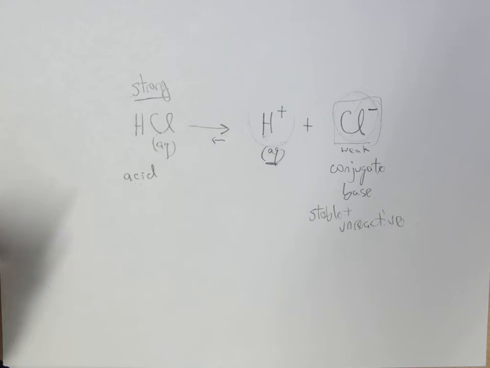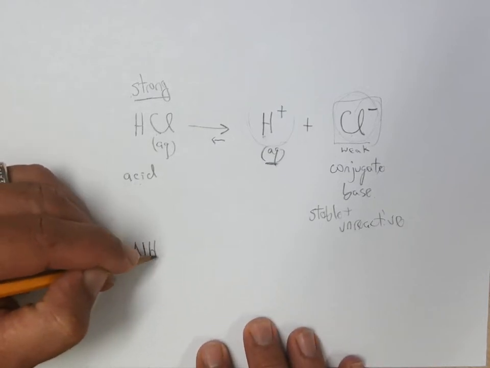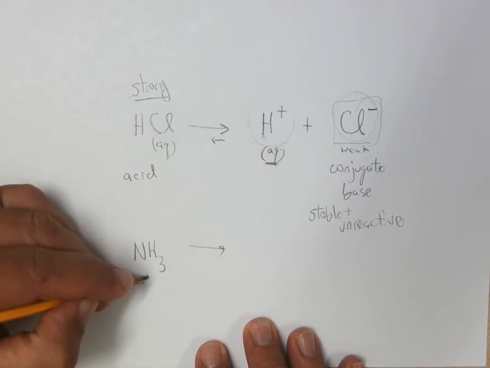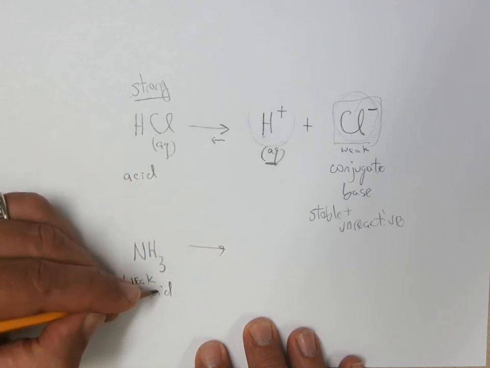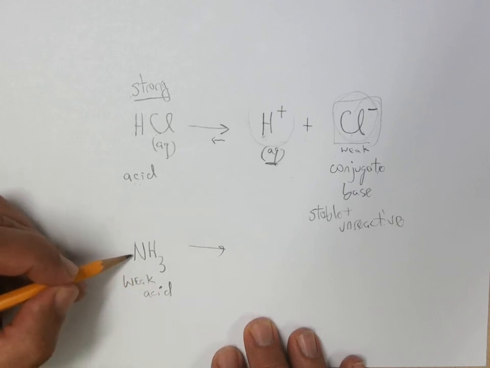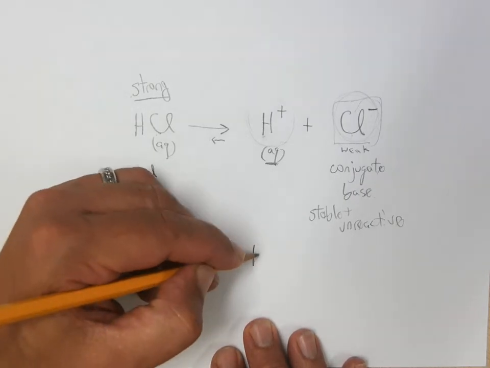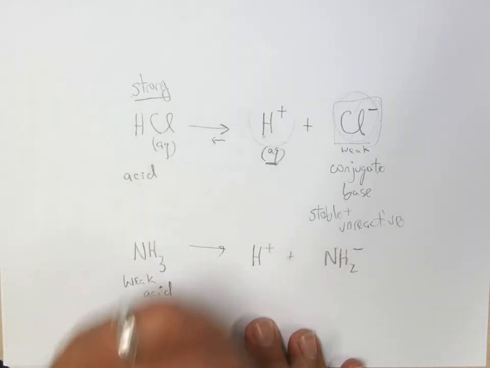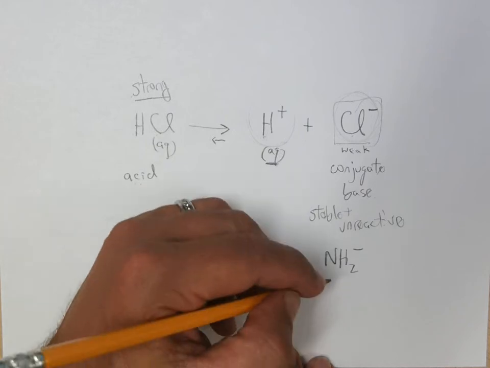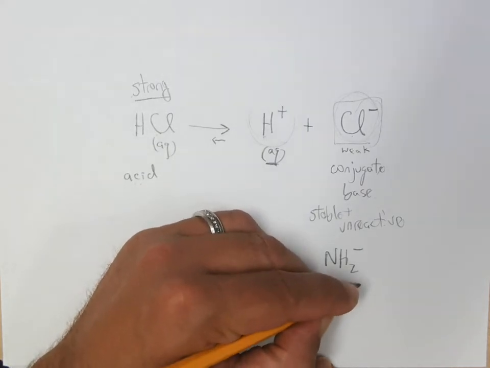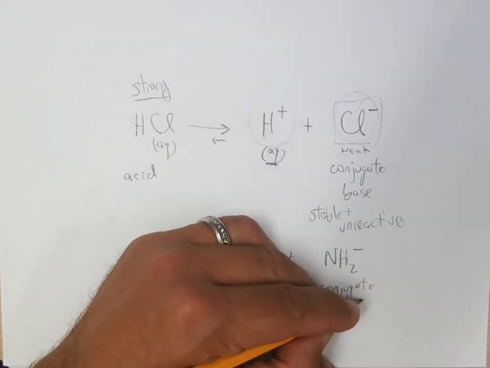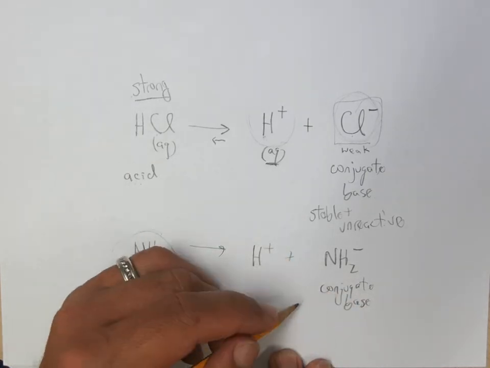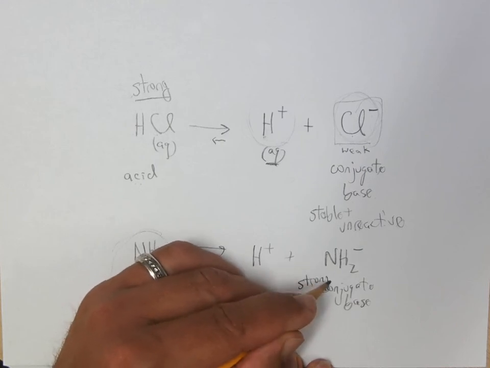If you have something that's a weak acid, so ammonia, NH3, is a very weak acid. If that gave up an H+, you'd have an NH2- left over as its conjugate base. And because this is a very weak acid, this is going to be a very strong conjugate base.